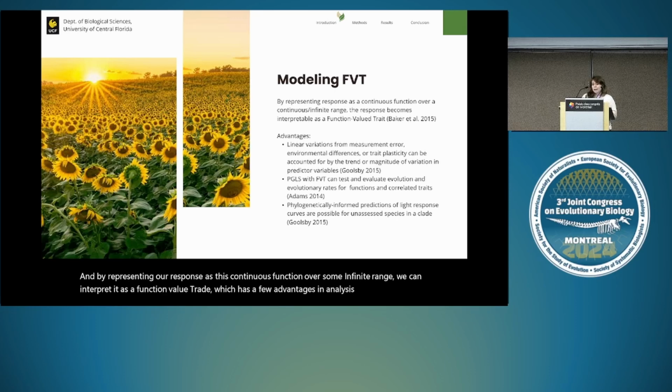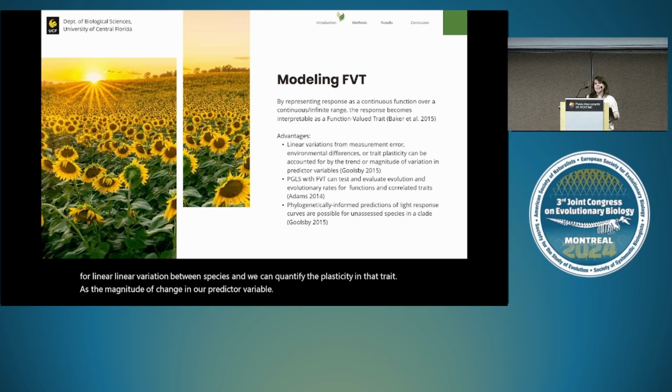By normalizing our response across species with a mathematical model like nonlinear least squares, we can account for linear variation between species, and we can quantify the plasticity in that trait as the magnitude of change in our predictor variables.